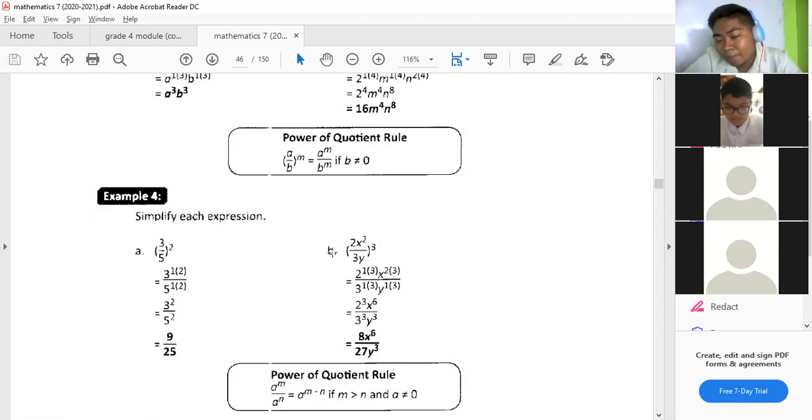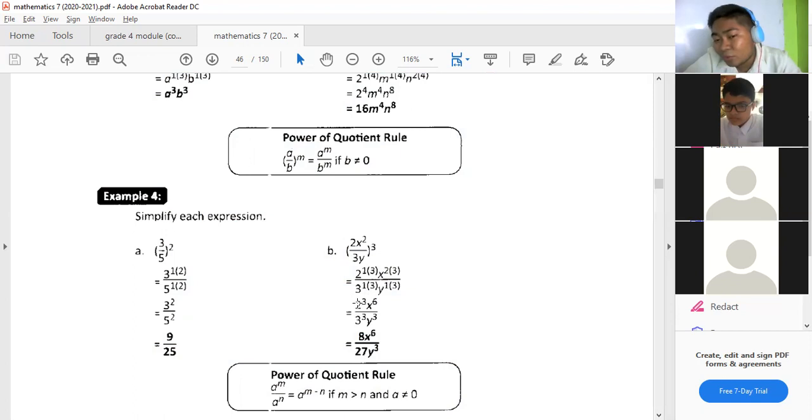Parang dito naman, letter B, na example natin, 2x squared raised to 3 all over 3y raised to 3. So, 2 cube, x squared times 3, that would be x raised to 6. Ito naman, 3 raised to 3, y raised to 3. And then, hindi dapat magkaroon ng exponent ang number.